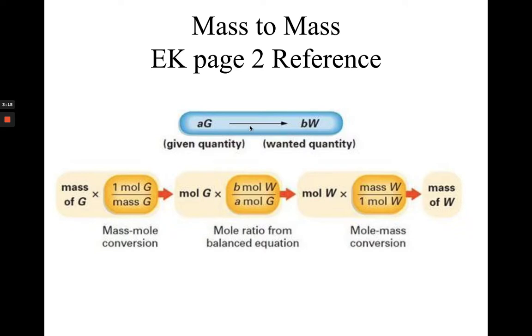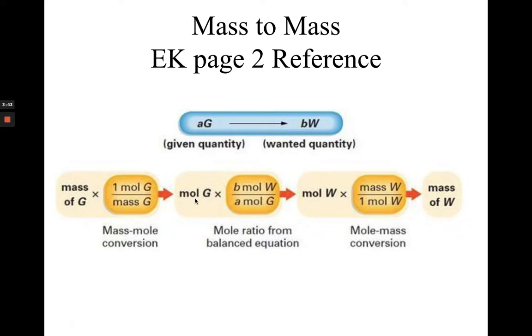Then you're going to say, okay, let me go back to my storeroom. Let me see how much of the starting ingredient I have. It'll be a mass. Before you can use the equation, you'll have to convert that mass of given into moles. So you do that with a division. You divide by the molar mass, and that's what this dimensional analysis term means, because since mass is on the bottom, it'll be a division. That'll give you the moles of what you were given.